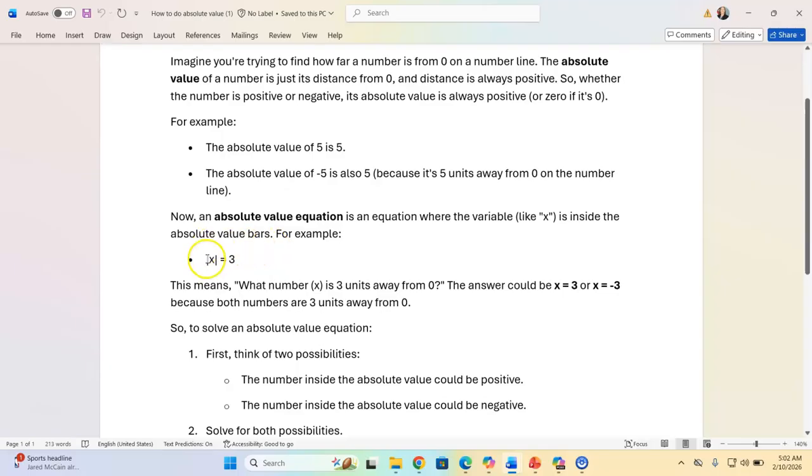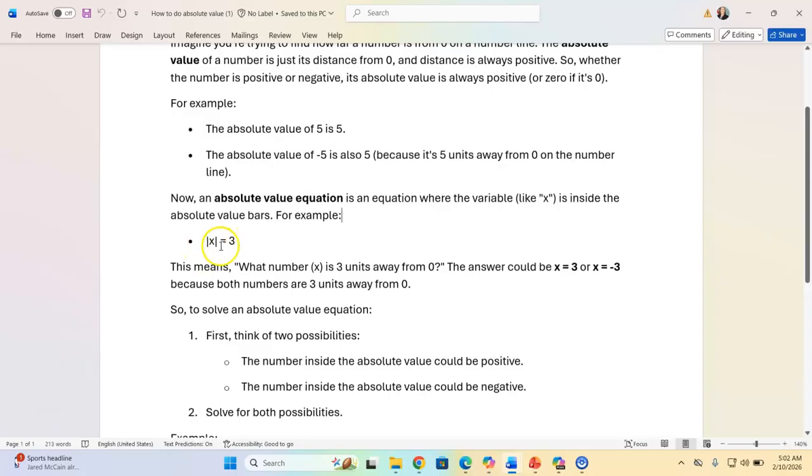Do you see that there's a bar here and a bar here, then you've got your x, and it equals 3. What this means is this is a sentence. Just like math is a language, and we're building fluency and your vocabulary, you're also learning to speak in math sentences. The absolute value equation is the equation or the sentence where the variable is inside the bars.